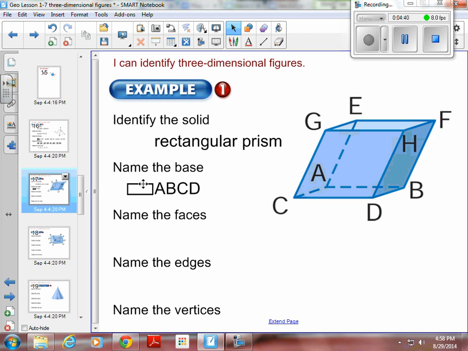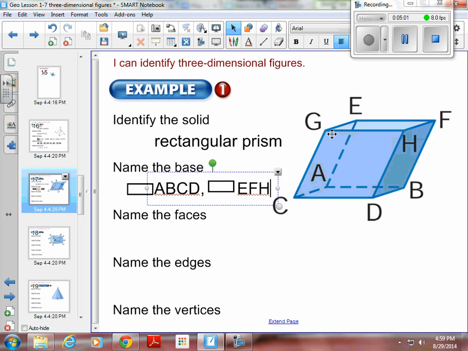And then we could also have, oops, come on, rectangle, comma. You could have the top, right, because that was the other base. So it would be EFHG, or, this is kind of out of order, EFHG.